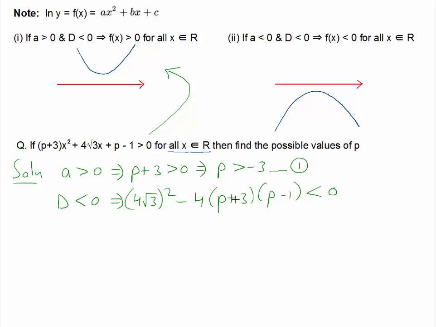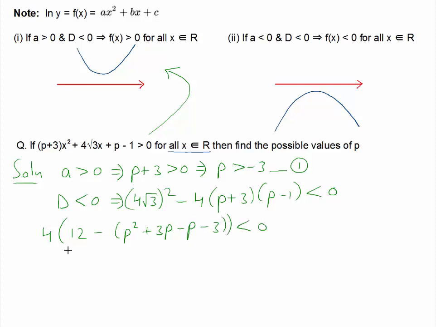So let's solve this. We can take 4 common from both these expressions, so we will get 4 times. The remaining part would be 12 minus (p plus 3) multiplied by (p minus 1), which would be p square plus 3p minus p minus 3, is less than 0.